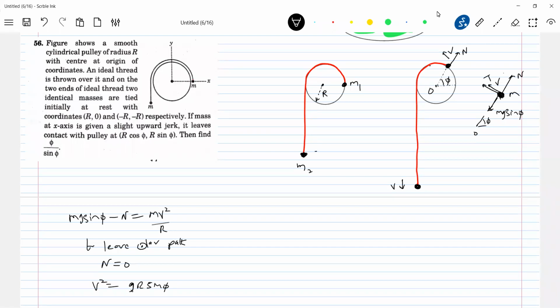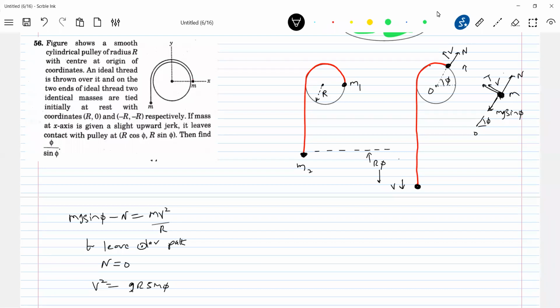So how much height will it descend? R sin phi or R phi. What do you say? Should be R phi, no? Because what is this arc length? Arc length will be R phi. And what about this height?